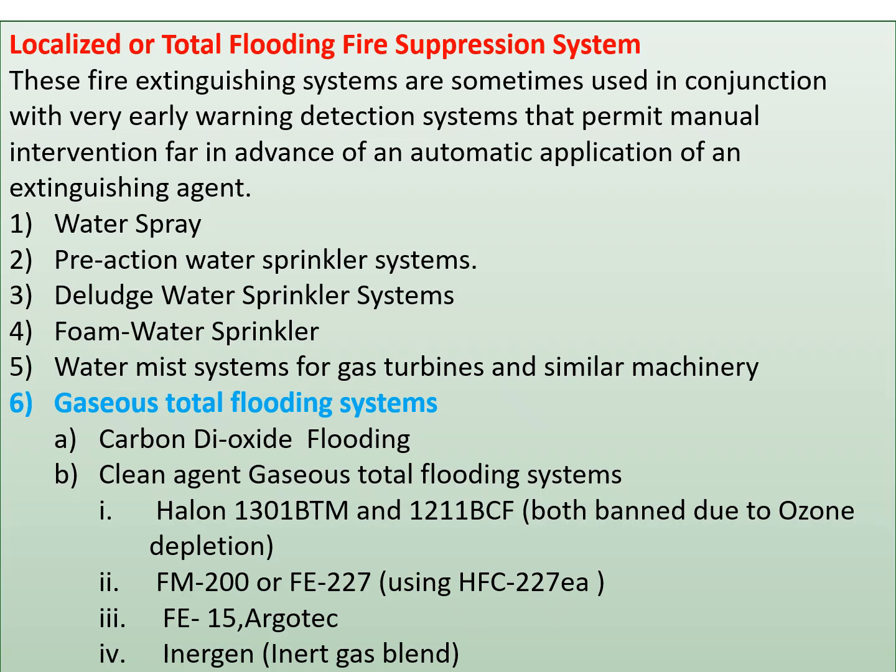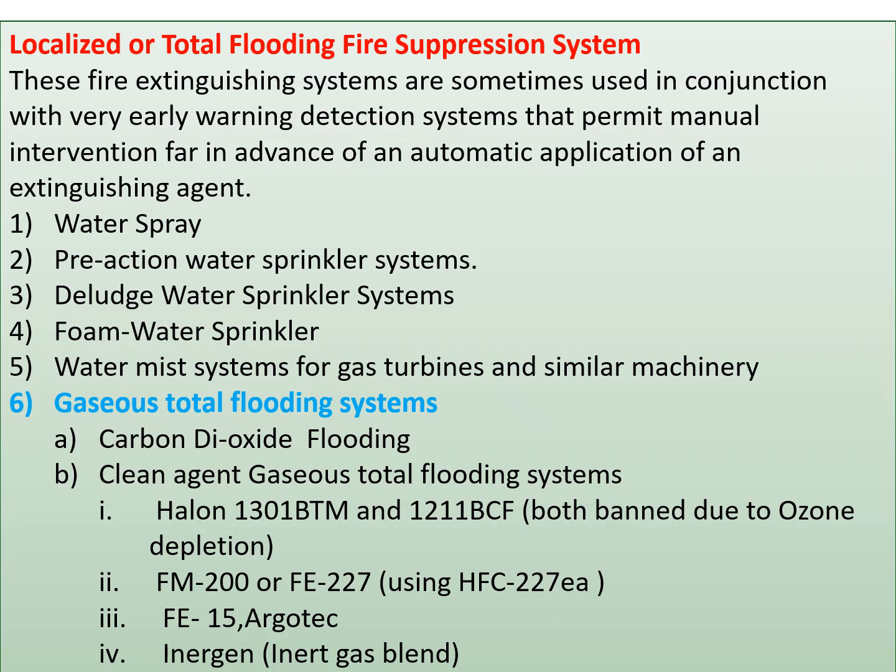Through this slide, dear friends, we will revise whatever we have learned so far. Localized or total flooding fire systems. These fire extinguishing systems are sometimes used in conjunction with very early warning detection systems that permit manual intervention in advance of automatic application of an extinguishing agent.